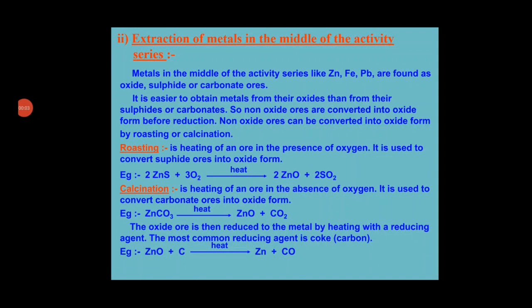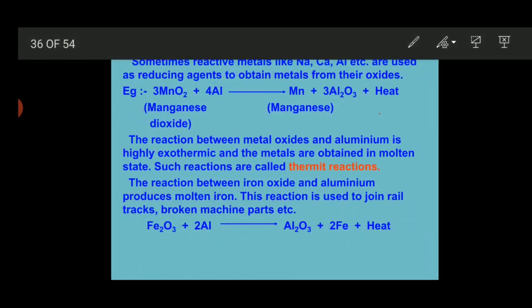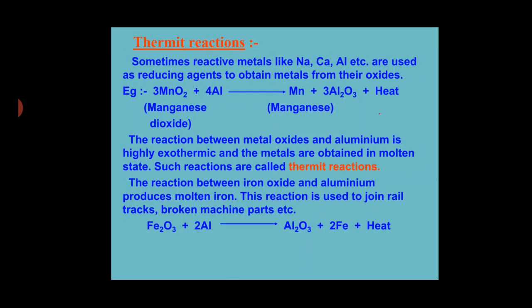Now we will see what the thermite reaction is. The thermite reaction is basically one special type of reaction which is mostly used in the welding process. See, there are many other reducing agents other than carbon.